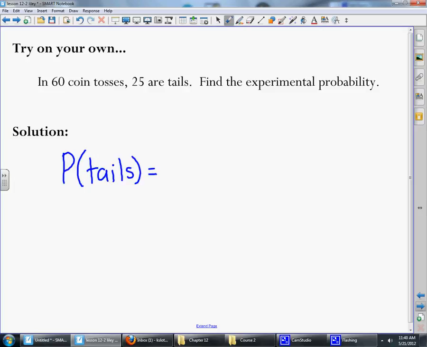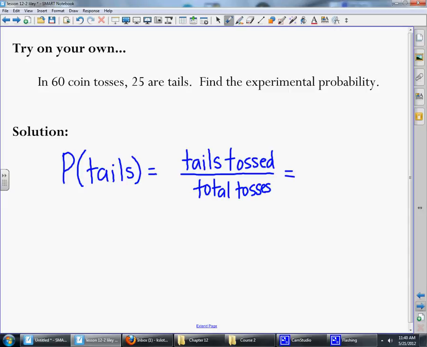So we want to know, what is the probability of tails? So we want how many times tails are tossed over total tosses.